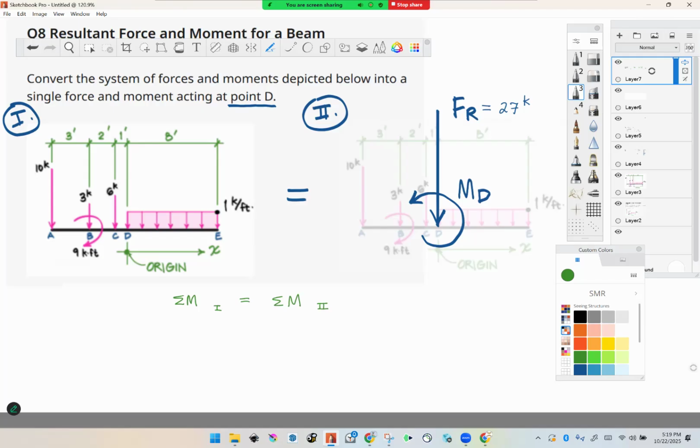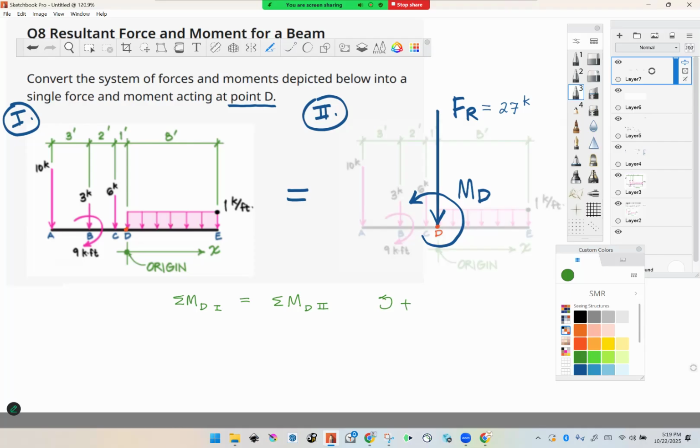There are arguments for a couple of different locations, but I'm going to pick D. The reason is that if I messed up the force calculation, that error will not carry over, because that resultant force is coincident with D. So it's a way of minimizing errors. And I'll use counterclockwise positive for this calculation.